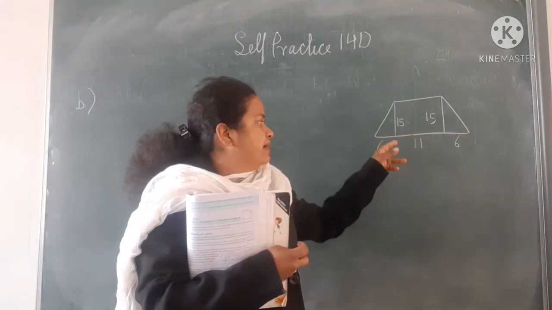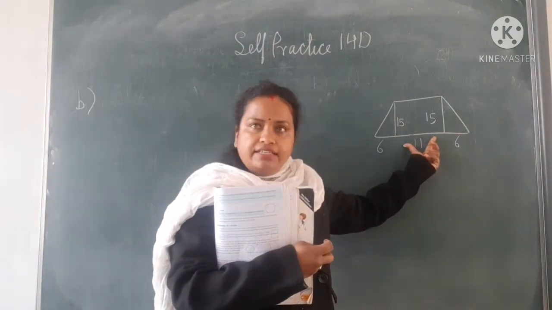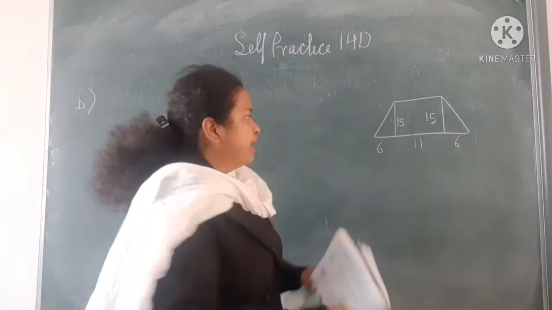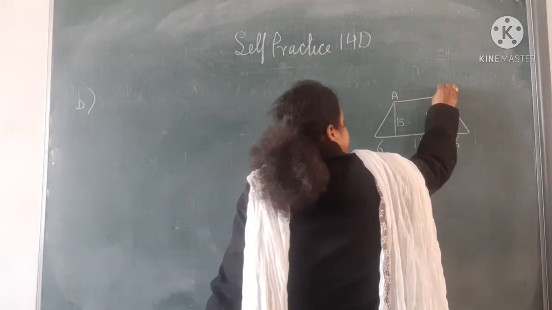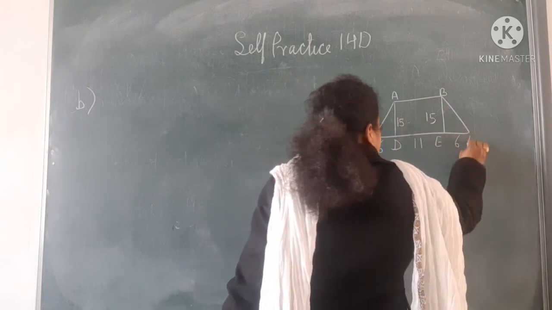In this base part this is 6 and in the middle one it is 11 and at the top also it will be 11. Now I am naming it A, B, C, D, E, F.